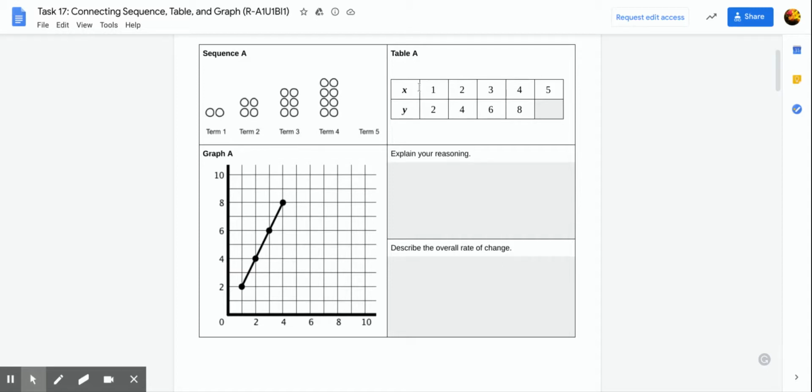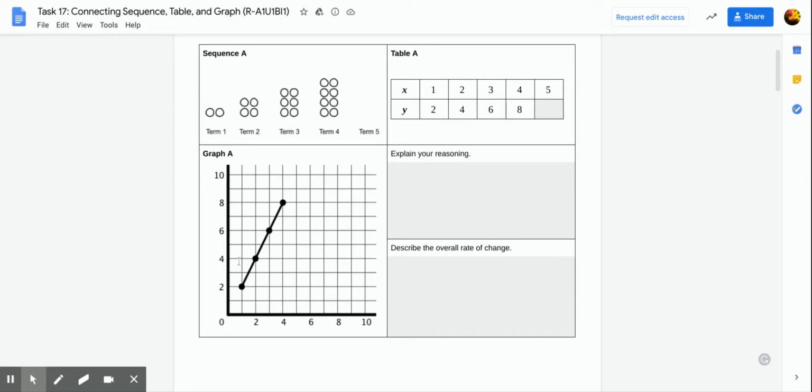X would be the terms, term 1, 2, 3, 4, 5. Y is the number of circles. So that way you have the independent and the dependent variable. I want you to tell me how many circles go in the table for term 5.